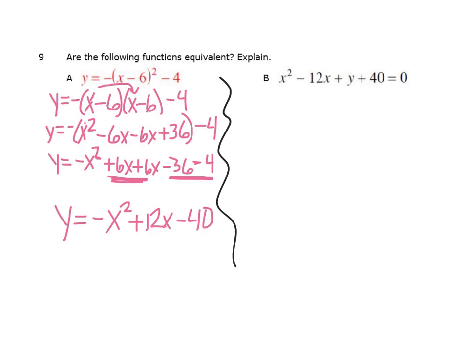Looking at the second equation, once again, we would want to write this in standard form. So I'd minus the x squared from both sides first. This leaves me with negative 12x plus y plus 40 equals negative x squared. Then I'm going to add my 12x to both sides.